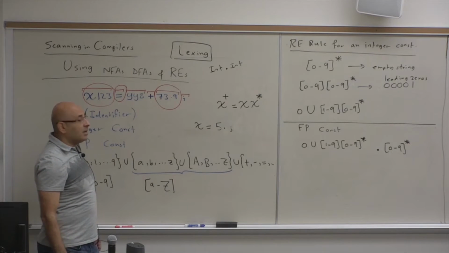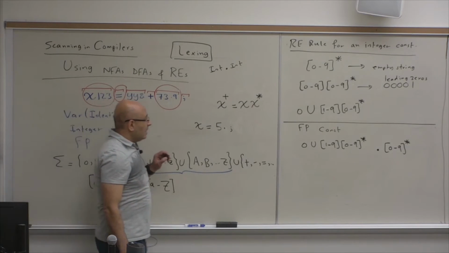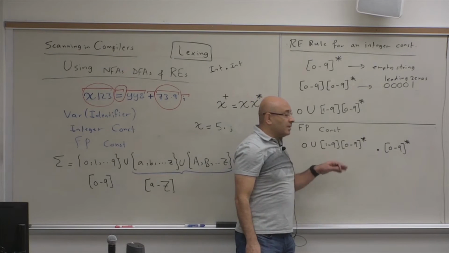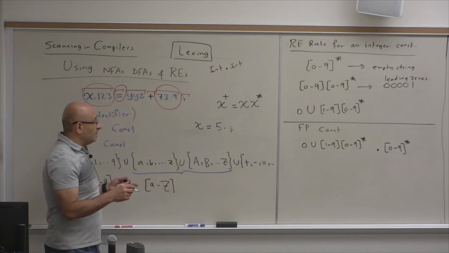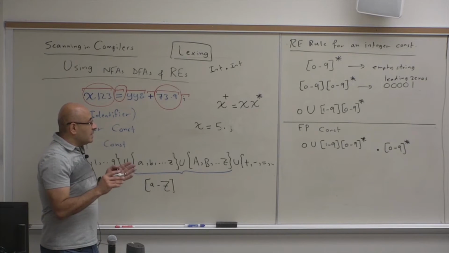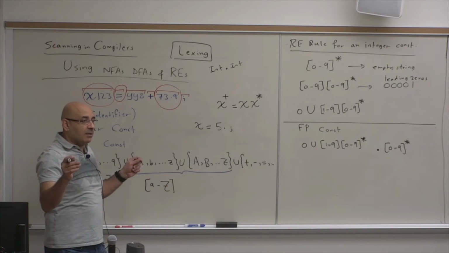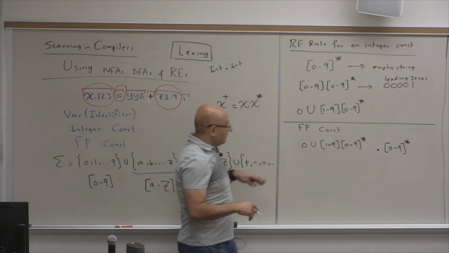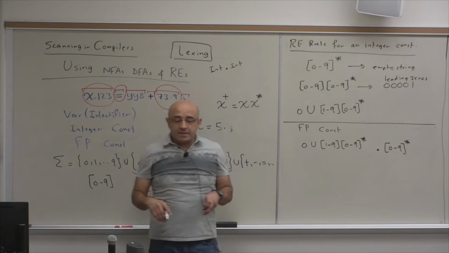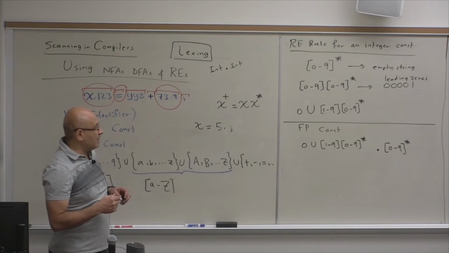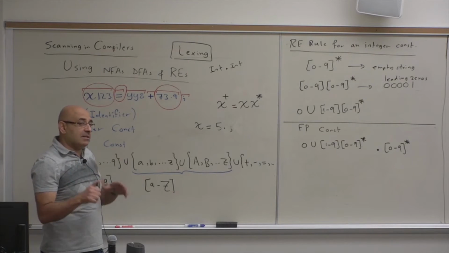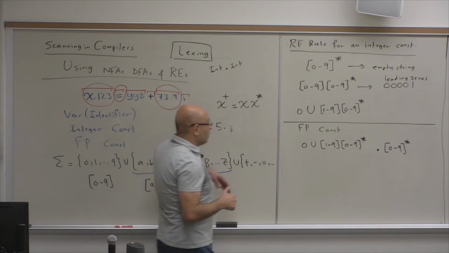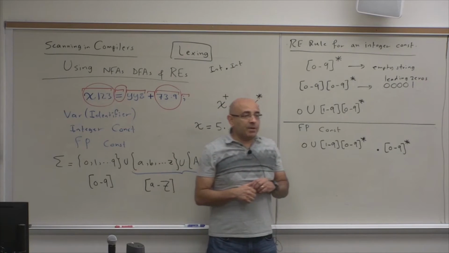By the way, here we're not discussing what should be accepted and what should not. We are discussing how to write a regular expression to express the syntax of a certain language. So the language syntax is given to us, and our job is to write the right regular expression for that.